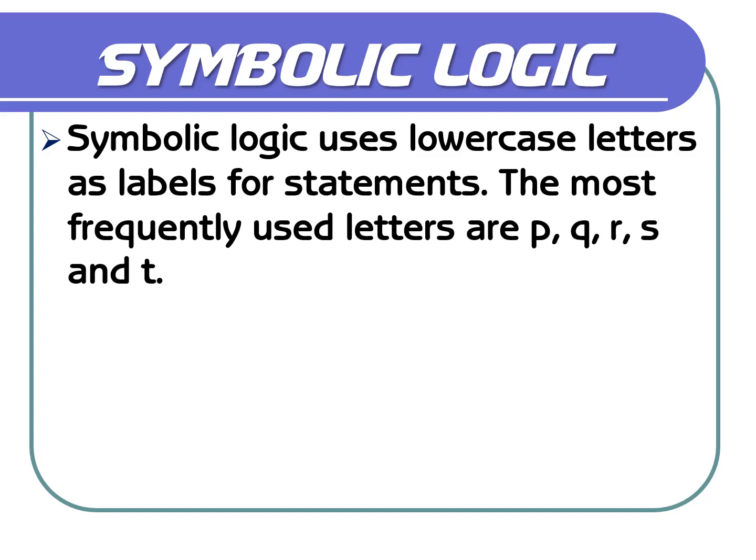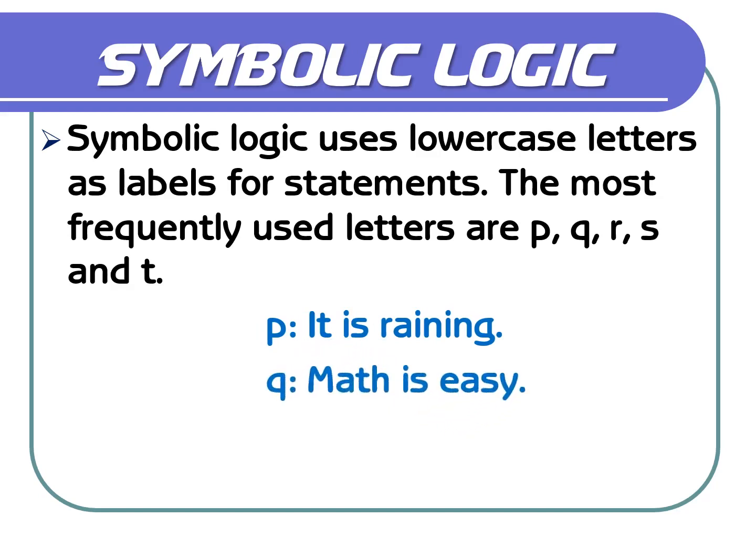The most frequently used letters are P, Q, R, S, and T. The first thing that we must be able to do is to identify and symbolize the sentences. For example, P, it is raining. So that is the symbolic logic for that sentence. And then we also have Q, math is easy. This is how we do symbolic logic, which are labels for statements or propositions.